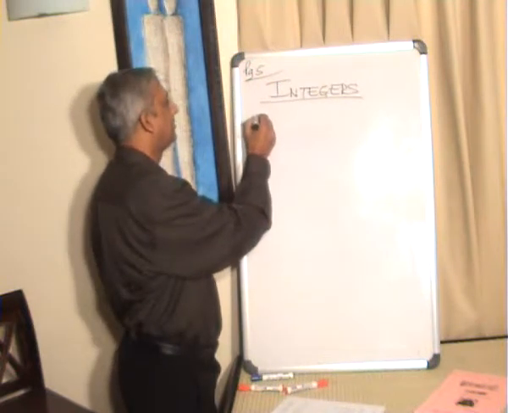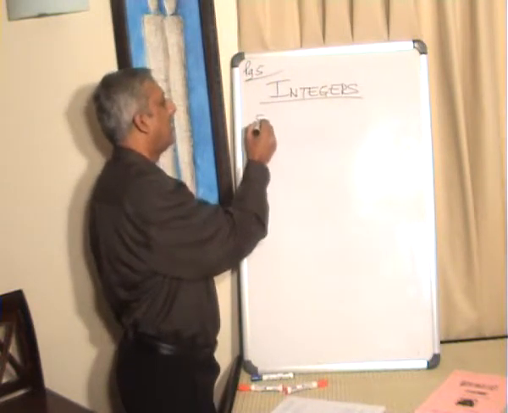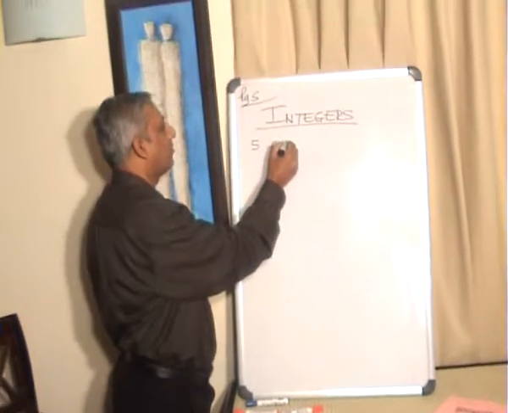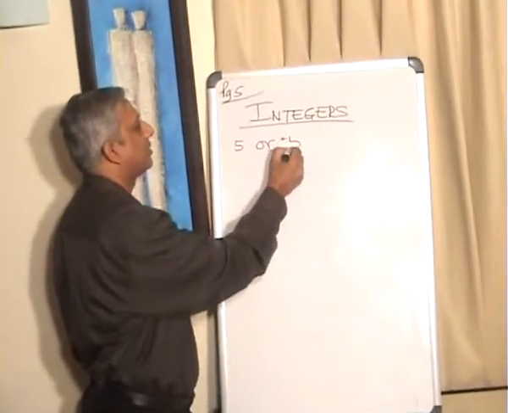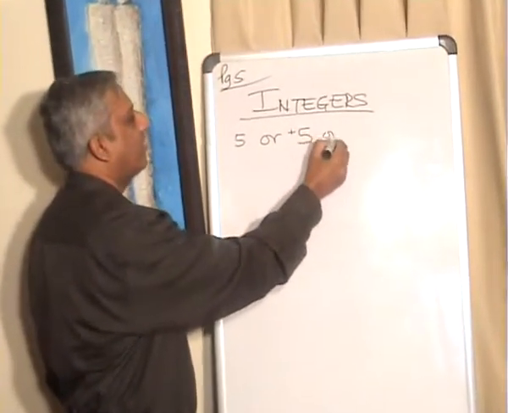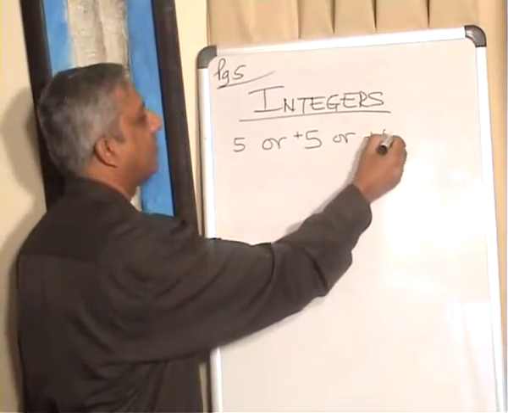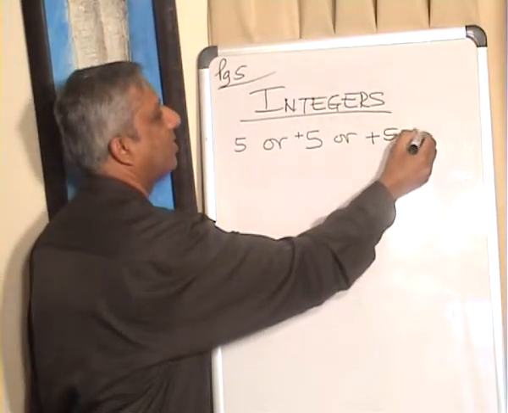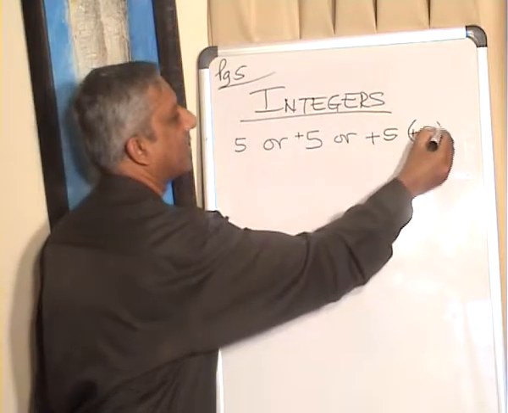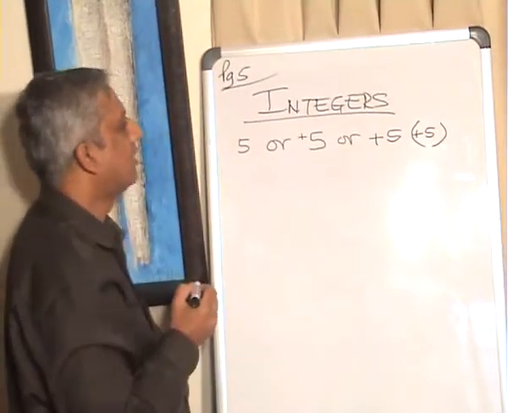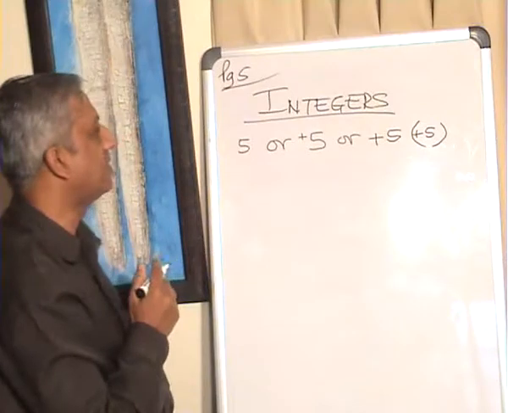For example, 5. Now 5 can be written like that, or 5 can be written with a small plus on the top, or 5 can be written with a big plus in front of it, or 5 can be written inside a bracket like that. So 5 can be written in many ways.